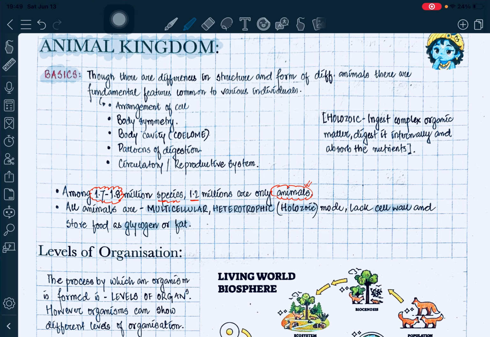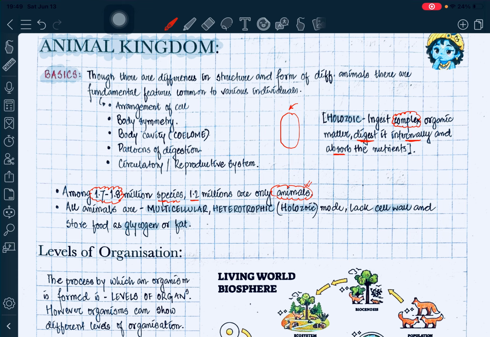Now, what is this holozoic mode of nutrition? In the holozoic mode of nutrition, they take in complex organic food and digest it internally. Their digestion occurs internally, and after the digestion they absorb the nutrients. For example, let us suppose this is an organism.